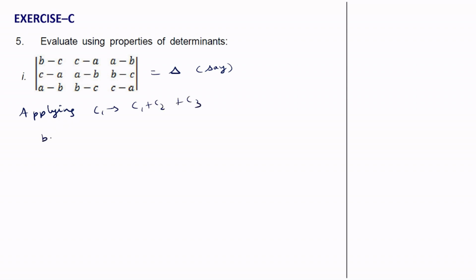So here we will have B minus C plus C minus A plus A minus B. Then C minus A plus A minus B plus B minus C. Then A minus B plus B minus C plus C minus A. The other columns remain the same.